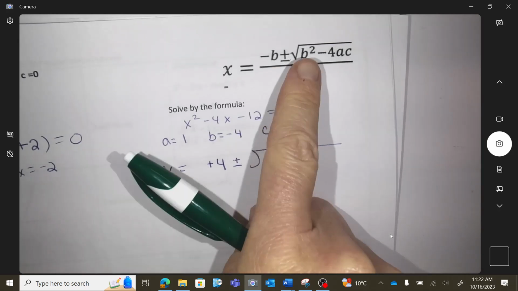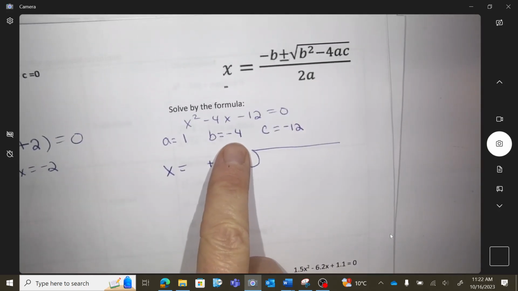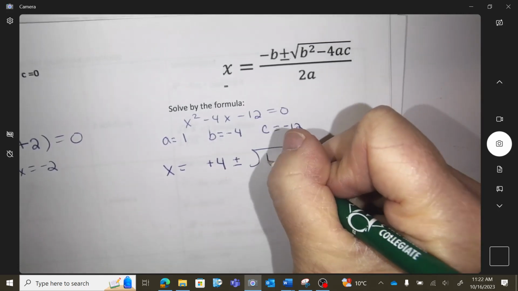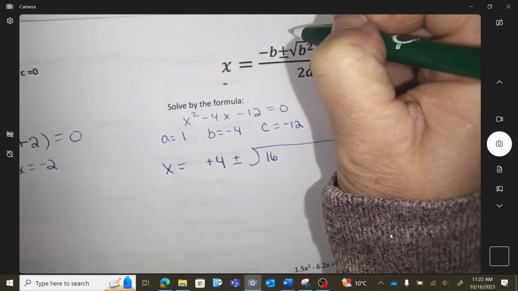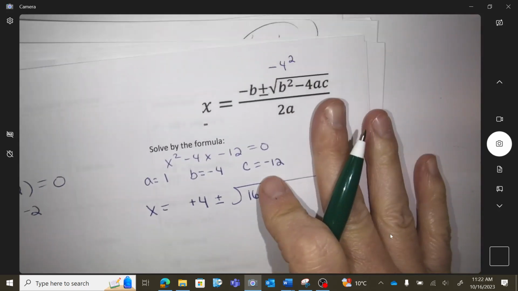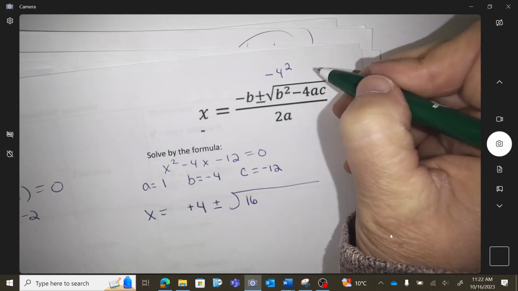Okay, so B squared. What do you get if you square this? Positive 16. Whatever you do, no matter what, that's positive. And I get people who type that into their calculator wrong. So please don't ever do negative 4 squared like that.